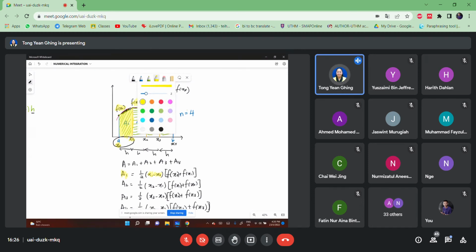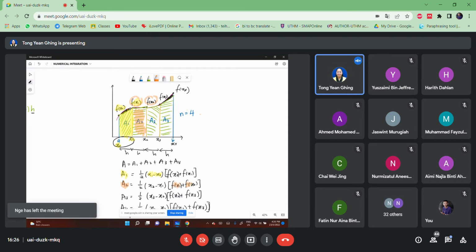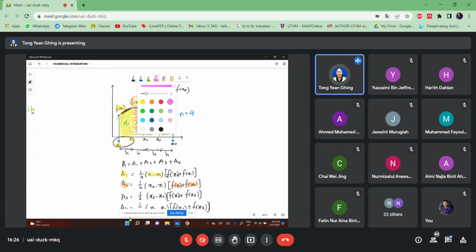And this is the second area, where we have X1 and X2. And then the third one is A3.